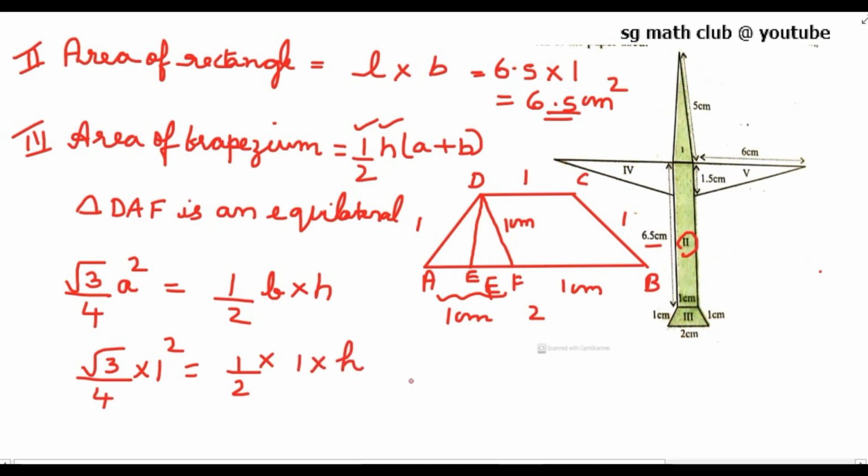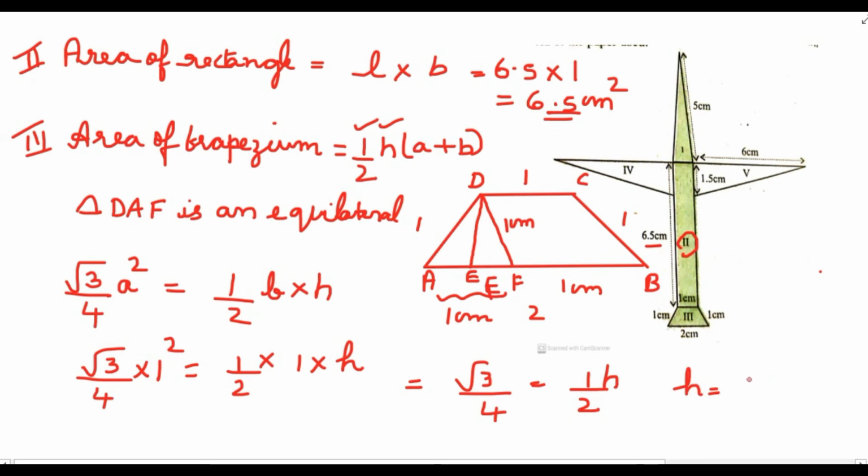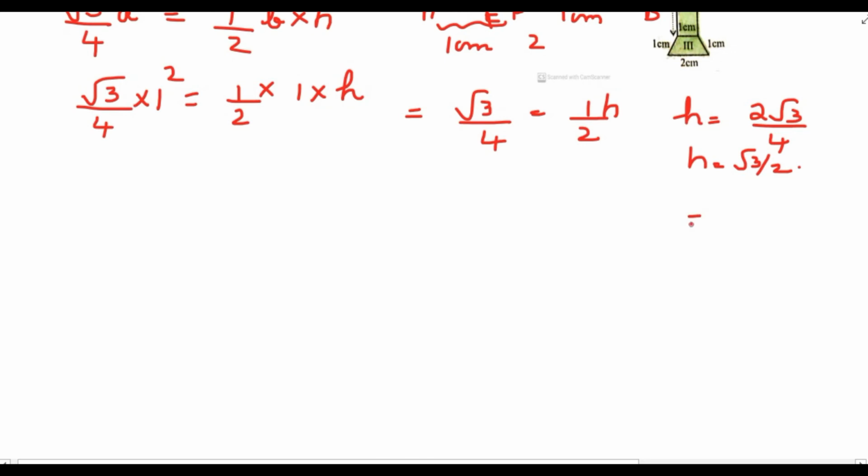When you simplify this, root 3 by 4 is equal to half h, so h is 2 root 3 by 4, or h is root 3 by 2. Root 3 value is 1.732 divided by 2, which is 0.866. So the answer is approximately 0.9 centimeter.